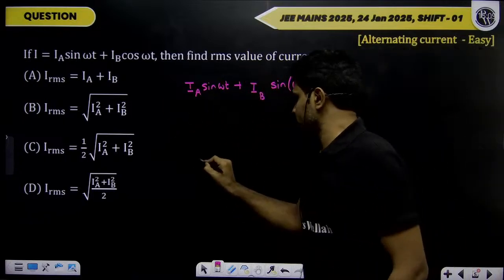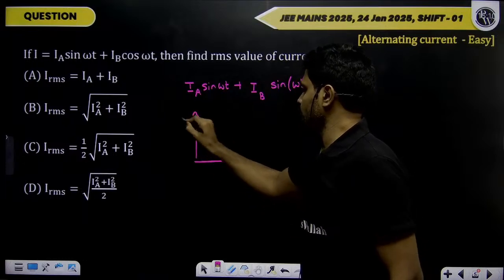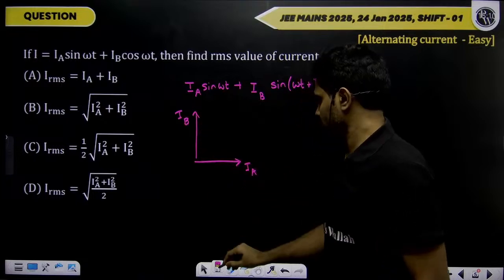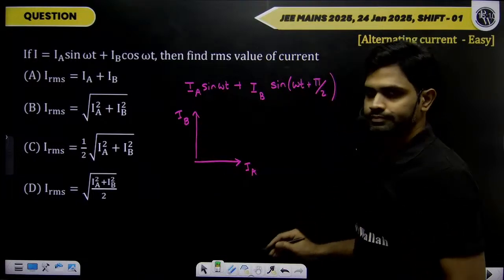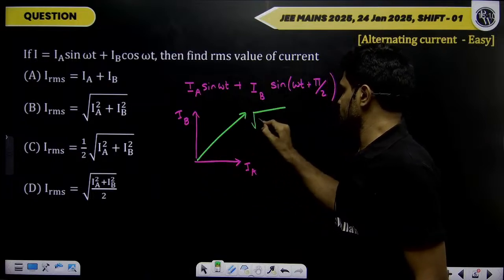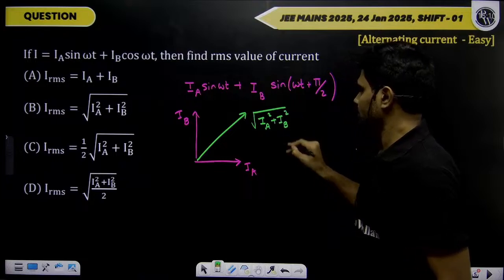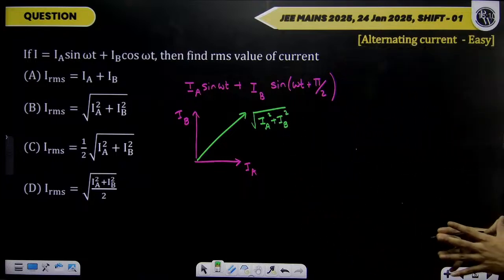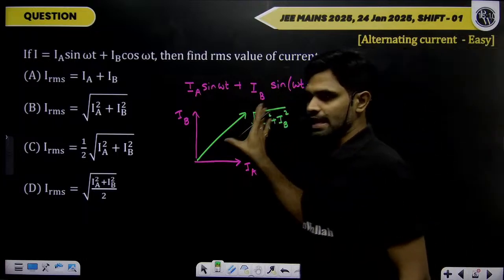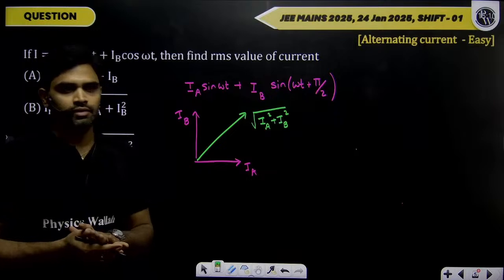So when we draw this phasor IA, and when we draw this phasor IB, we will get the resultant phasor. The resultant phasor is square root of IA square plus IB square. But that is not the end of the question. That is giving us the amplitude or maximum current. This is the maximum current of the function.